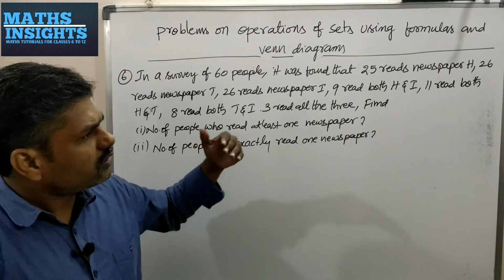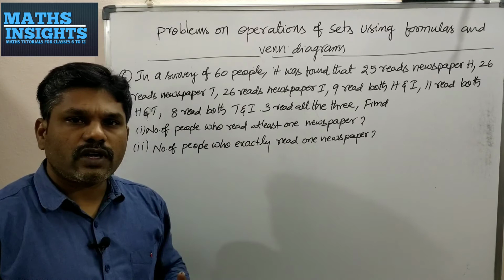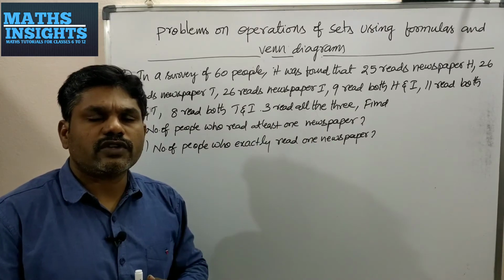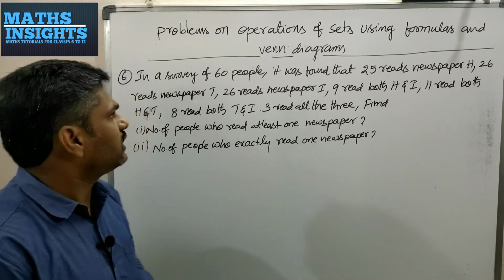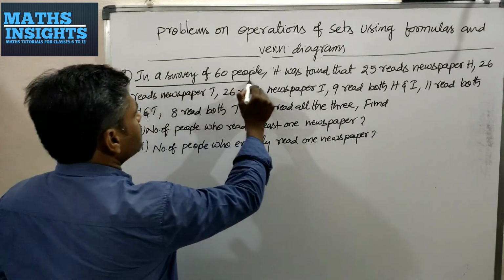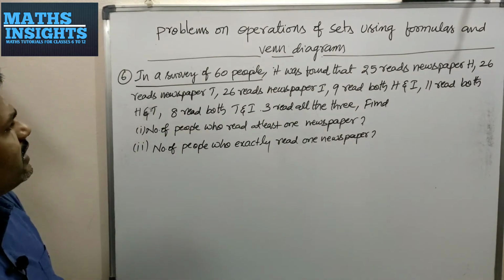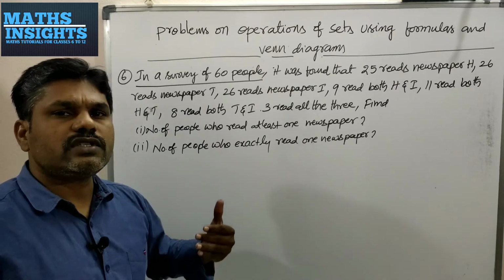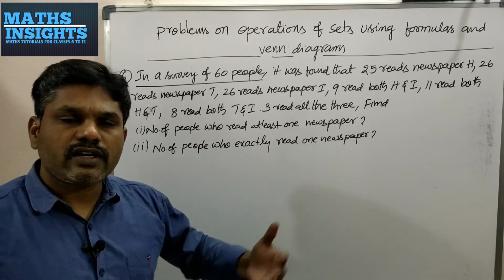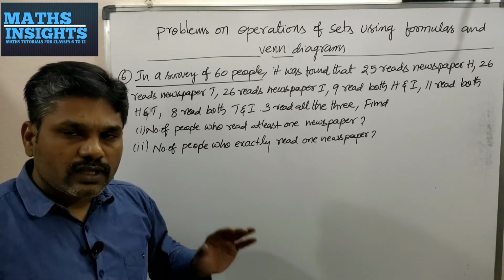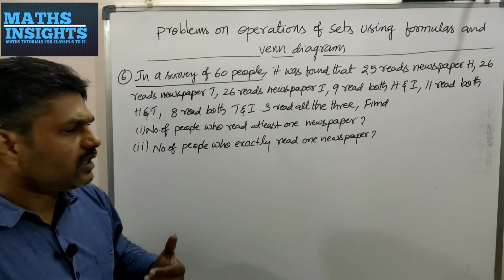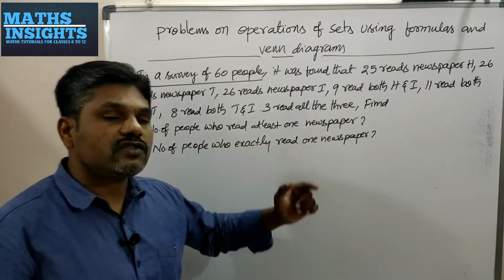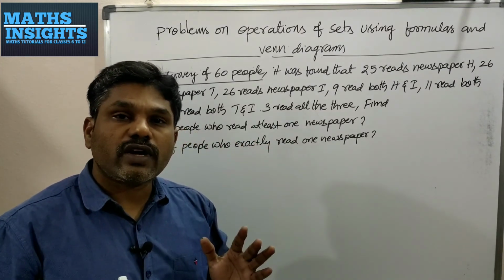You may solve this problem by using the formula as well as a Venn diagram. So before going into the solution, you have to understand some points here. See, in a survey of 60 people means they surveyed 60 people. That is not the union. In those 60 people, some may not read any newspaper at all. Therefore, they will not come into the union. That's why the first question says number of people who read at least one newspaper, means you have to find the union.